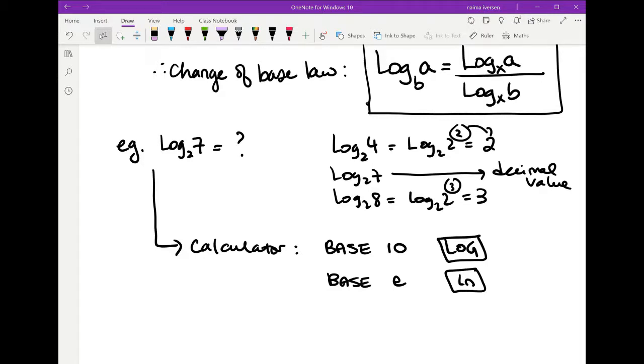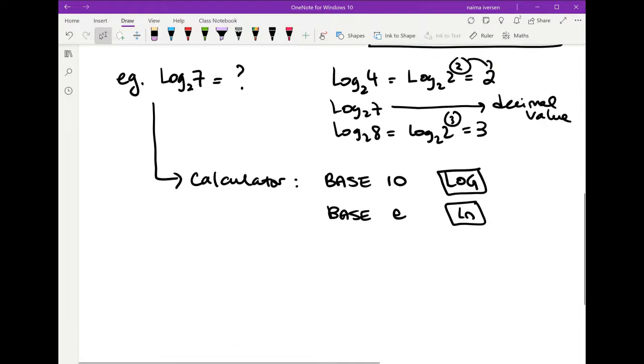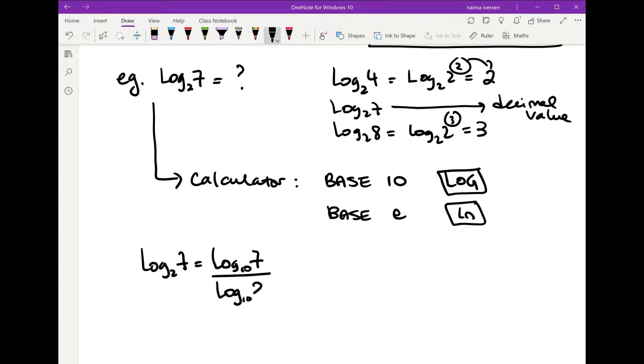Here we go. And so if I wanted to evaluate log base 2 of 7, I can choose to go log base 10 of 7, that's the top value, divided by log base 10 of 2. I'm choosing to change the base to base 10. And then my base, this number here, is on the bottom.